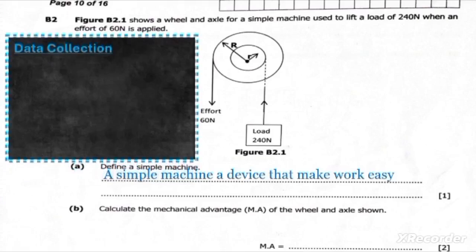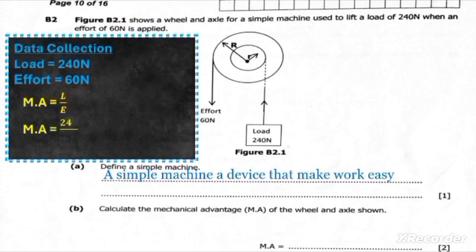What data have we been given? We are given load, which is 240 newtons. We are also given effort, which is 60 newtons. To find mechanical advantage, we are going to say mechanical advantage is equal to load divided by effort.